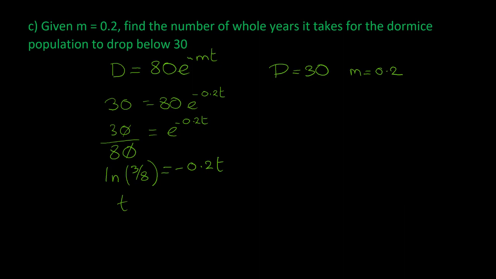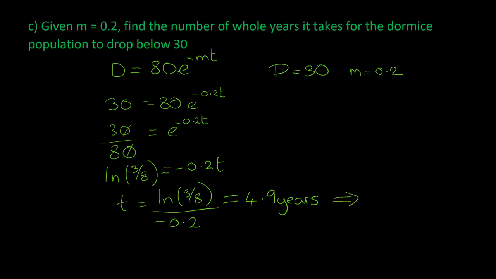So t will equal ln of 3/8 divided by minus 0.2. And with the aid of the calculator, you'll find that that comes out at 4.9 years. But because they've asked for the number of whole years, your actual answer therefore would be 5 years.